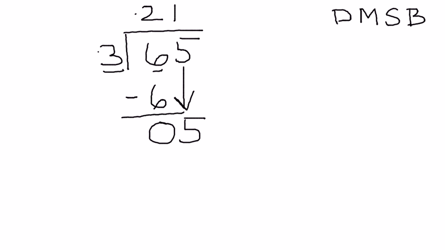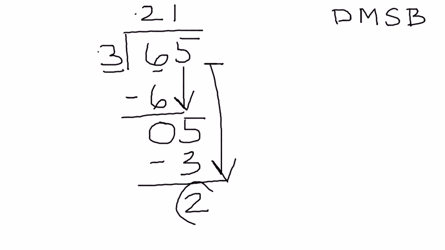So I take this one and I multiply it by 3, and I get 3. After we multiply, we subtract. 5 minus 3 is 2. And I have nothing left to bring down over here. So guess what? The 2 is my remainder. So my answer is 21 remainder 2. 65 divided by 3 is 21 remainder 2.